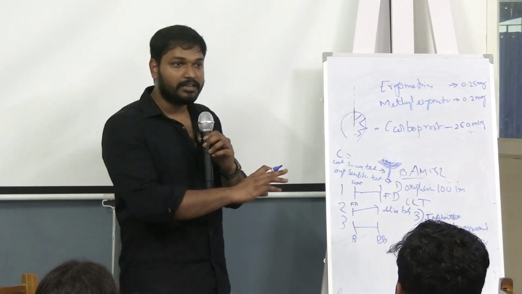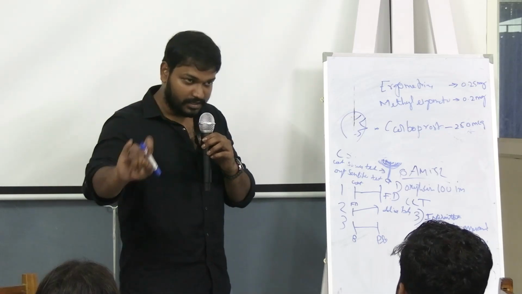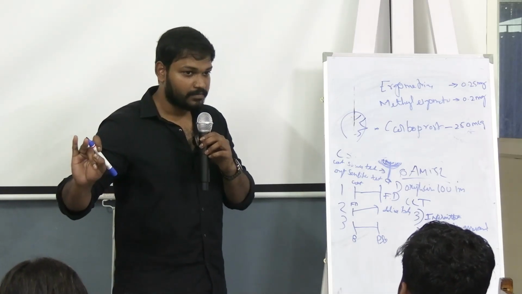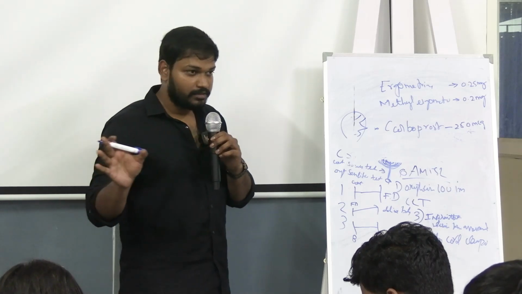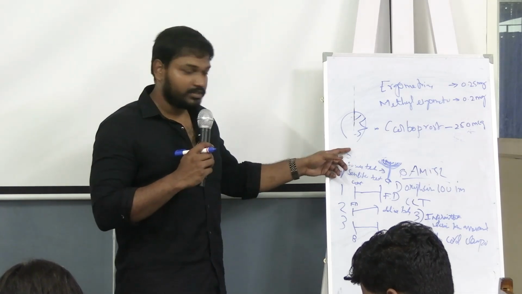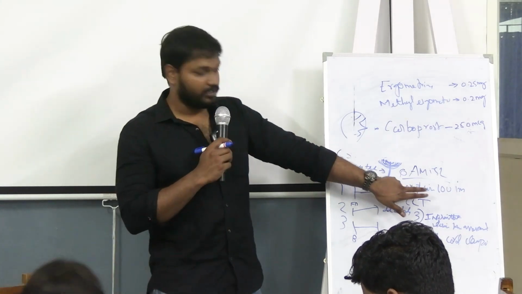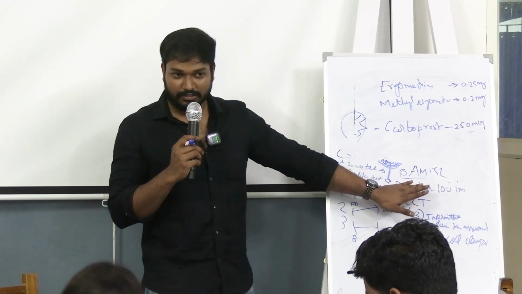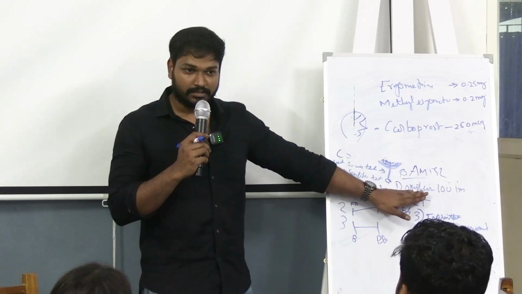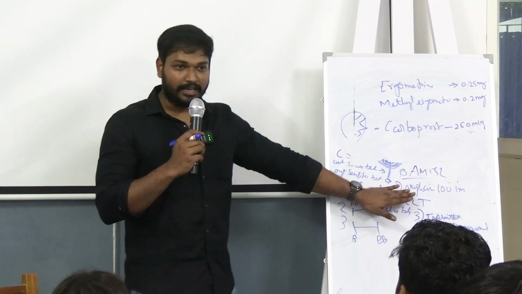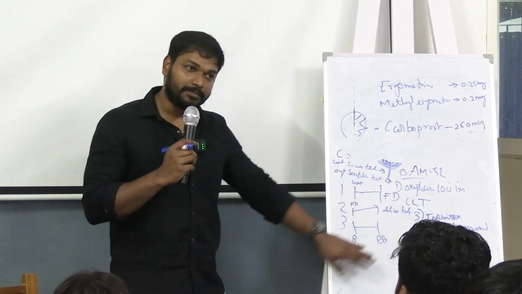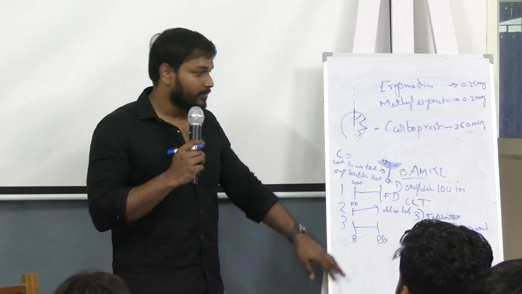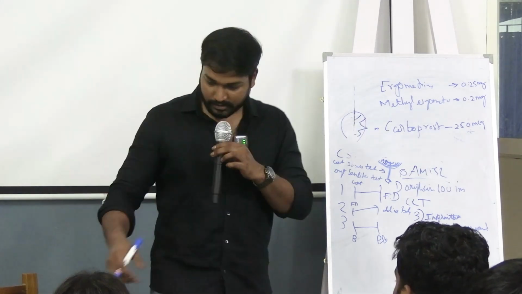We use methylergometrine only to prevent PPH and to treat PPH. Understood? Instead of oxytocin, if we don't have oxytocin, we can use methylergometrine in AMTSL to prevent PPH, and to treat PPH also.